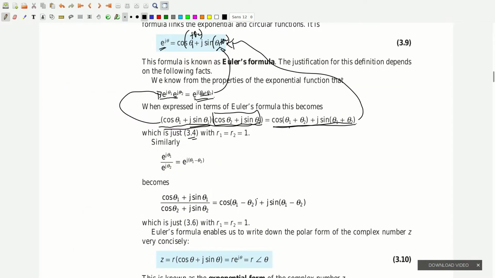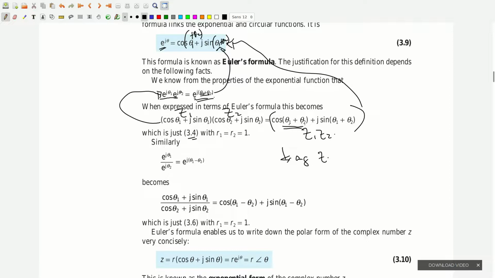So what they are trying to explain to us here is that we have z1 written in the exponential form and z2 written in the exponential form, and the product of these two, let's call it z1 z2, has an argument which is just theta 1 plus theta 2.